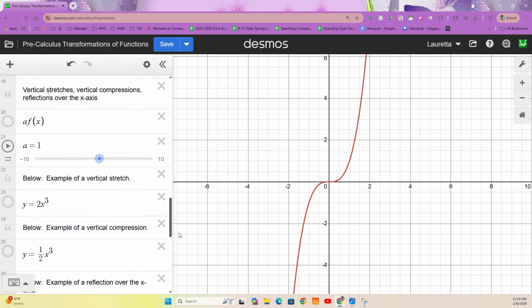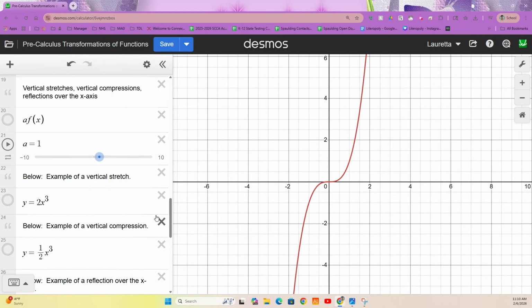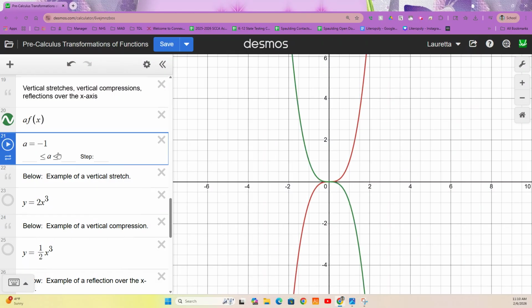Next, vertical stretches, vertical compressions, and reflections over the x-axis. That's whenever we have a times f of x. So if a is negative, you have a reflection over the x-axis. So you can see this graph is reflected, it's a mirror image over the x-axis.